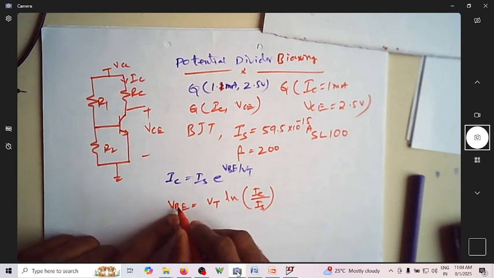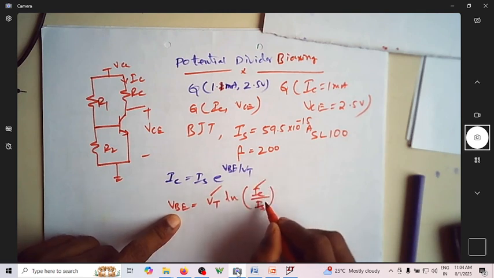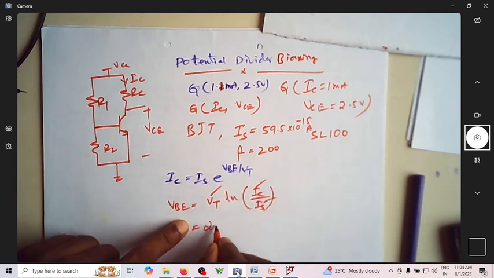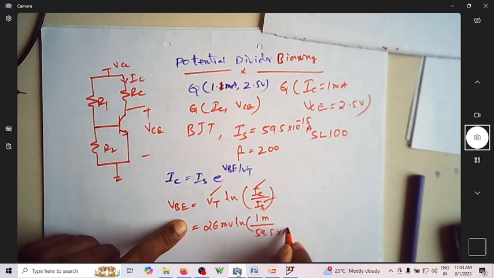Now I can find the value of required VB because I know VT, I know IC, and I know IS. So it is 26 millivolt ln of IC, which is 1 milliampere, divided by 59.5 into 10 power minus 15.